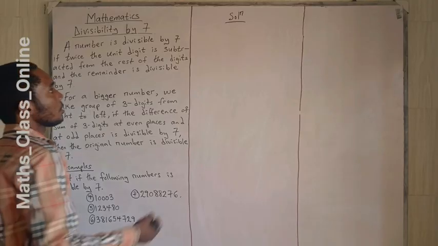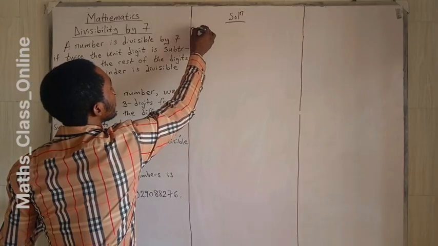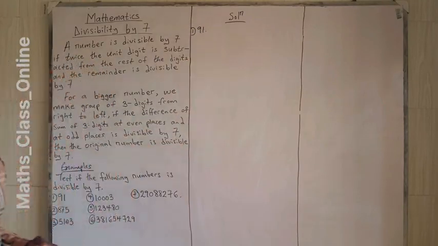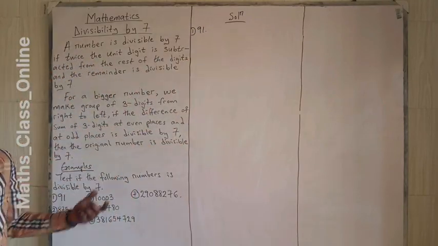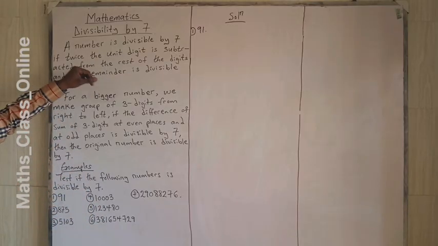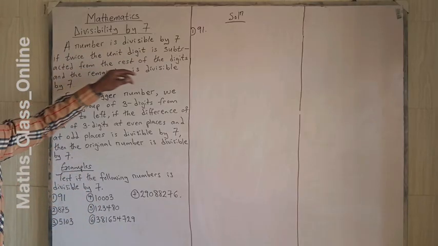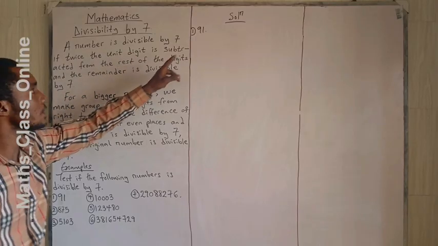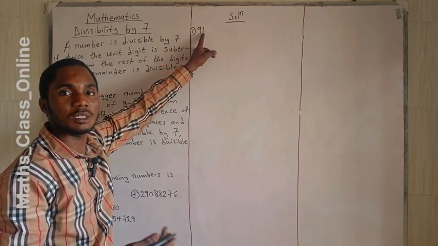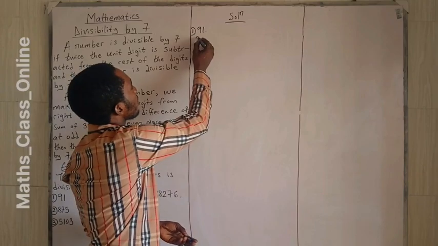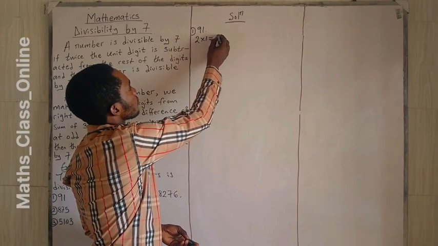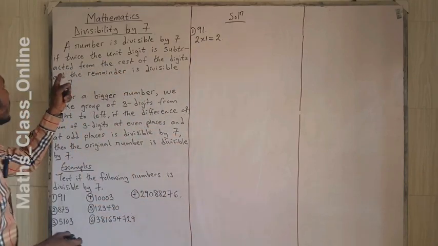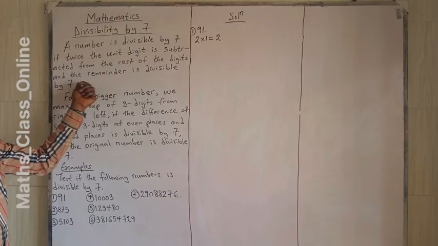For example, we have 91. We want to know if 91 is divisible by 7. The rule we have here is what? A number is divisible by 7 if twice the unit digit. What is the unit digit of 91? That is 1. Twice means double. So we are going to have 2 times 1 is equal to 2, is subtracted from the rest of the digits.